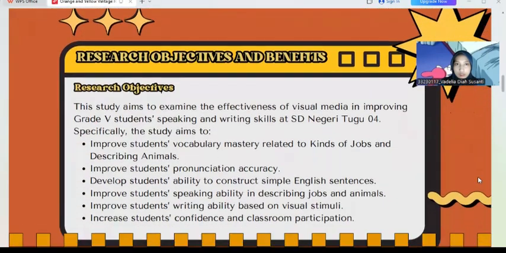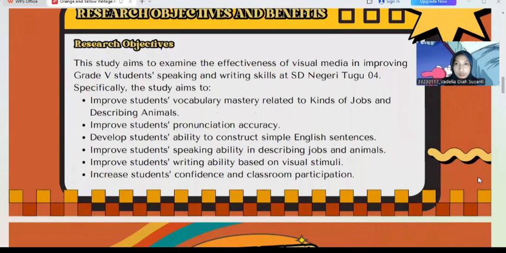And the next is the description of the research object. This research was conducted in grade 5 SD Negeri Tugu 04 with different levels of English. During this research, we used several visual learning media such as animal flashcards, worksheets, a laptop, LCD projector, screen, whiteboard, and markers.